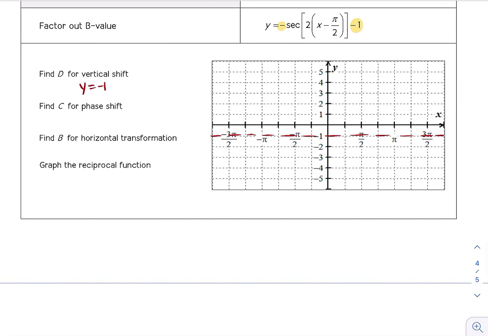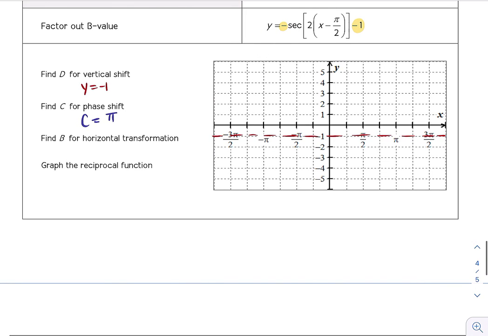Now, looking at my factored form, for the phase shift, C is pi over 2 after we factored it out. And then our B value is going to give us our horizontal transformation, mainly affecting our period.